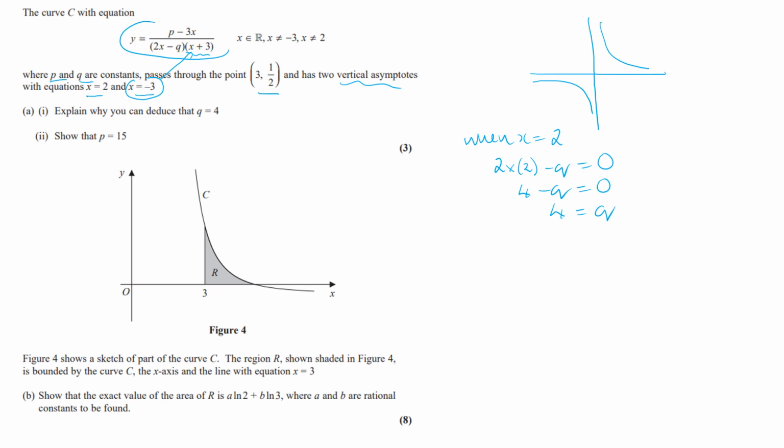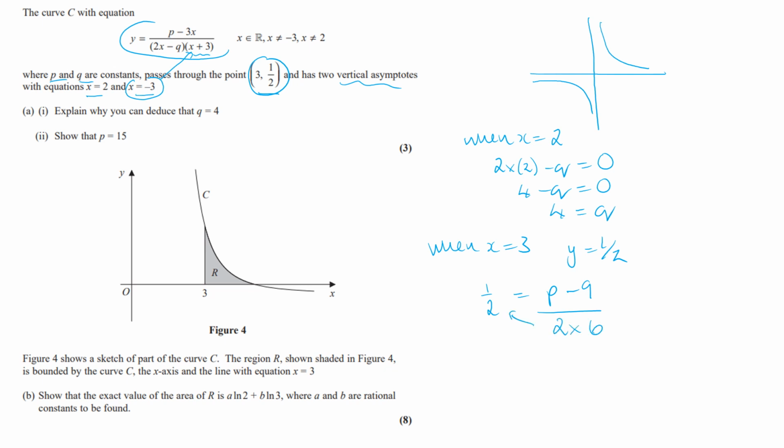In part 2, we've got to show that p is equal to 15. Well, we do this by putting this point in: when x equals 3, y is equal to a half. So a half is equal to (p minus 9) over, when x is 3, double 3, 6 minus 4 is 2, and 3 plus 3 is 6.